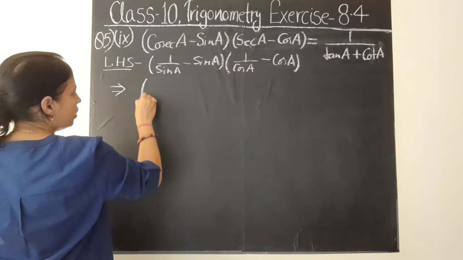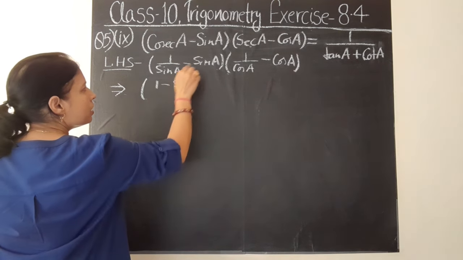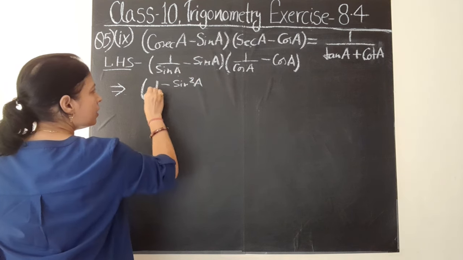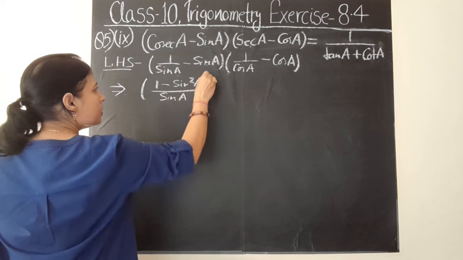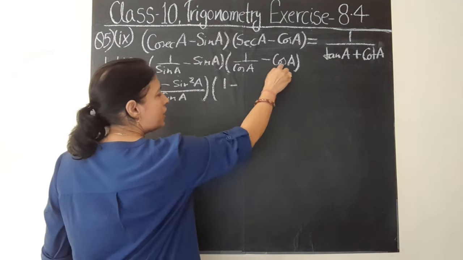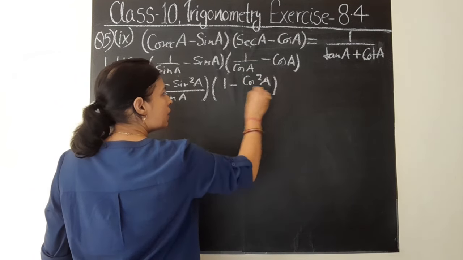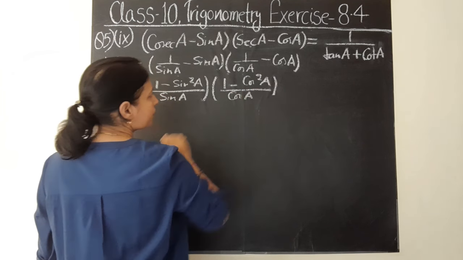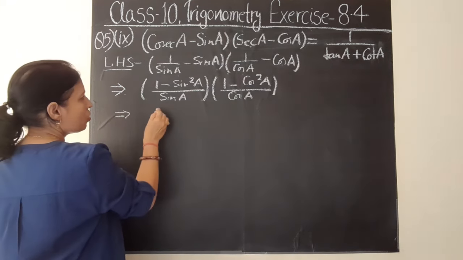Then 1 minus, it will be 1 minus sin a into sin a, sin square a, divided by sin a. This one is first part. Here it is 1 minus cos a into cos a, cos square a, which is divided by cos a. 1 minus sin square a is equal to cos square a.